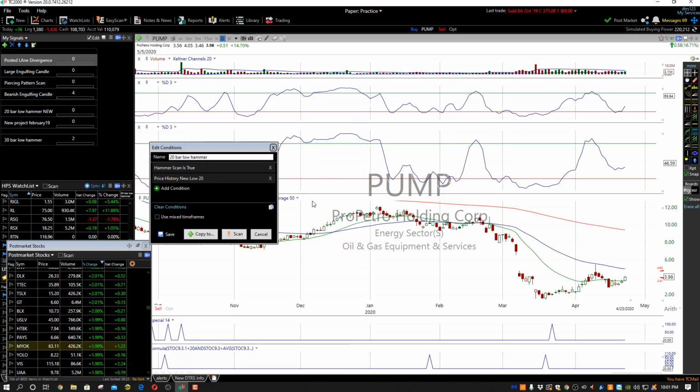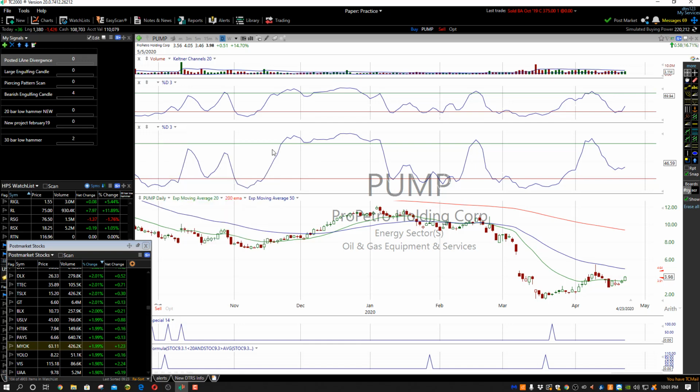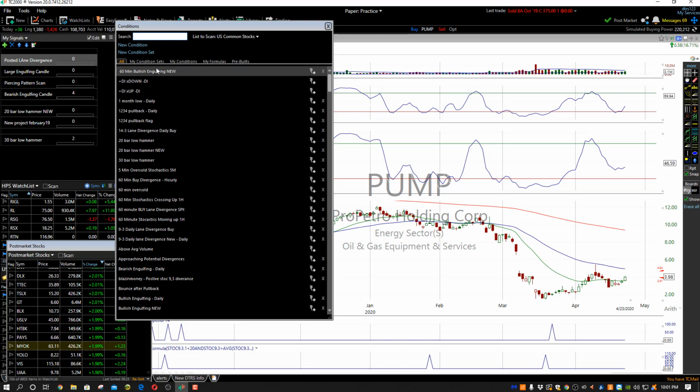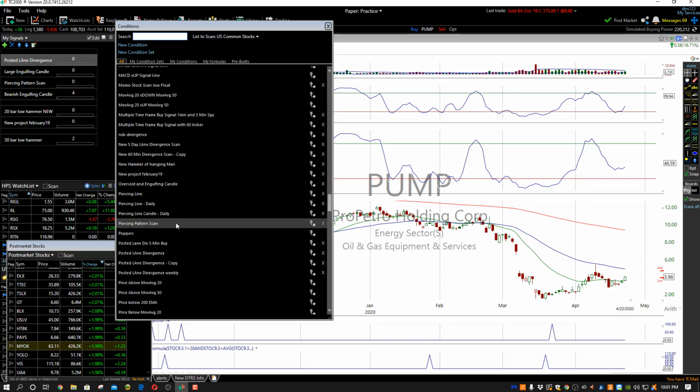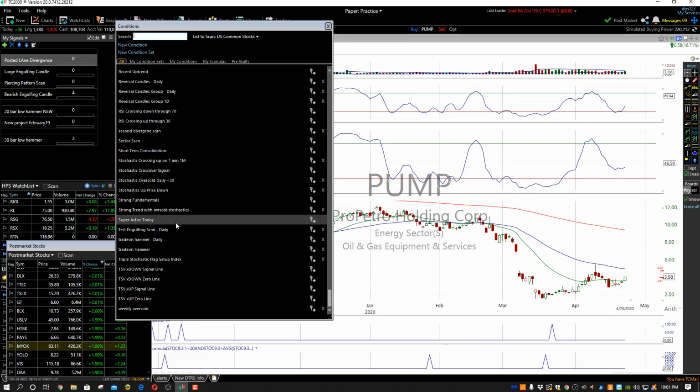You could put all kinds of things in there. But over time, I've worked on them. So I have a weekly scan here I worked on. Let me see if it's under weekly. Weekly oversold. I wonder if that was a divergence. No, that was just a weekly oversold. And mostly, I want to see a weekly divergence.